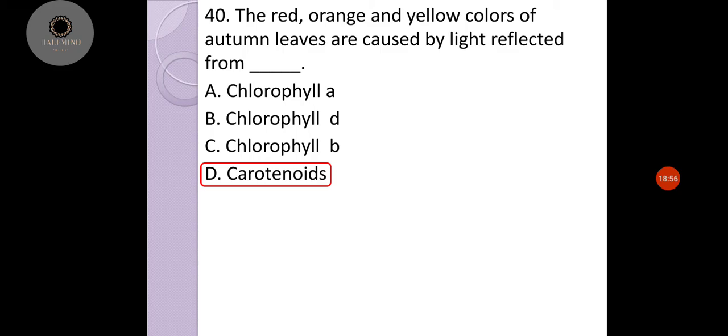It's because it contains carotenoids. That is why we observe that there are carrots that are reddish, somewhat orange, and some that are yellowish. It's because carotenoids reflect these colors. Okay?